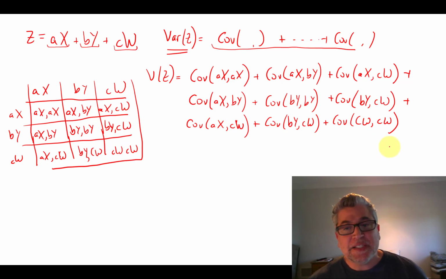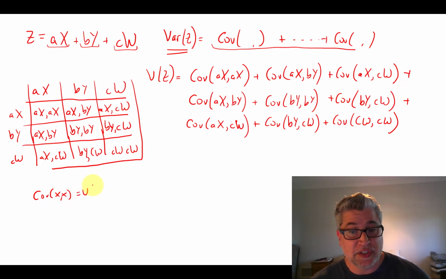Okay, the next thing for us to remember is that the covariance of a variable with itself is just the variance of that variable. So when we see covariance of ax with ax, that's just the variance of ax.